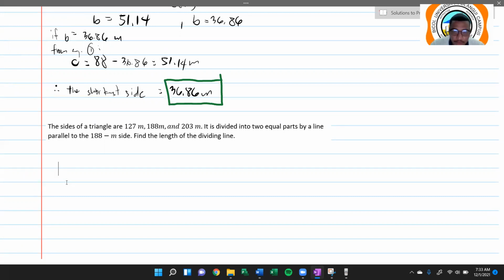It is divided into two equal parts by a line parallel to the 188 meters side. Find the length of the dividing line.